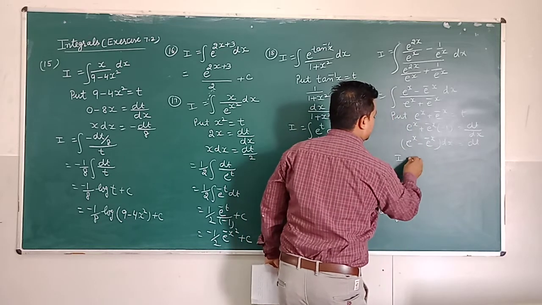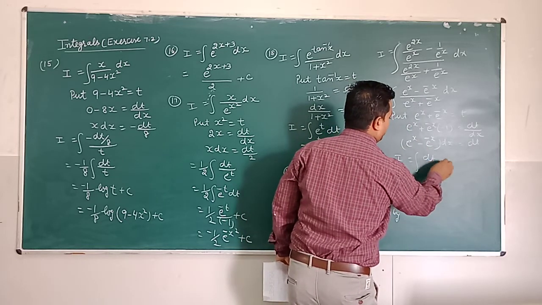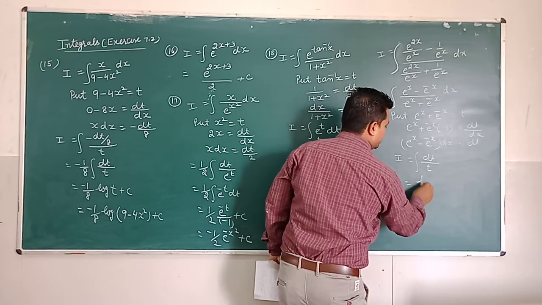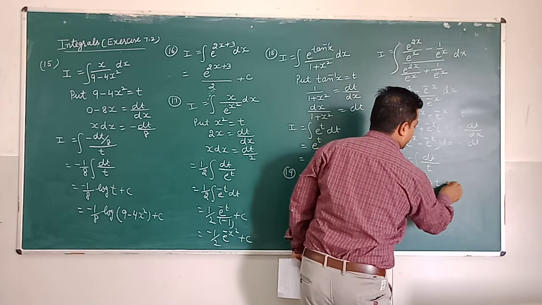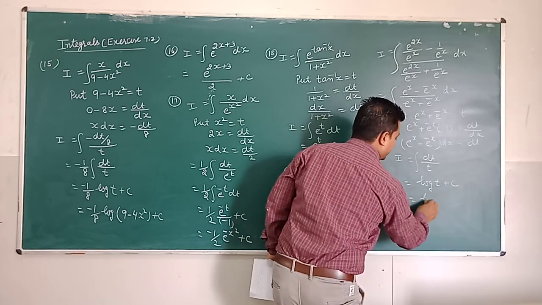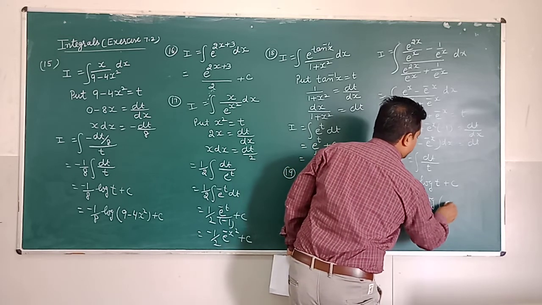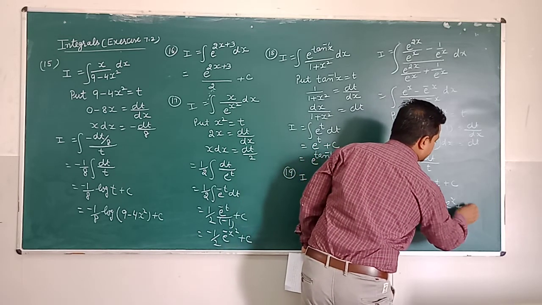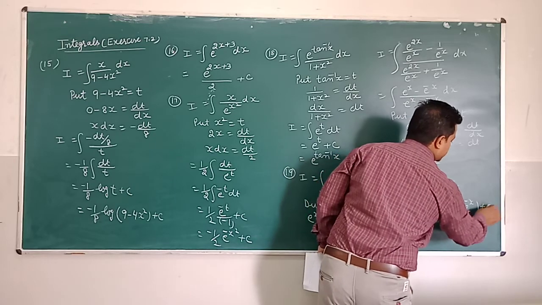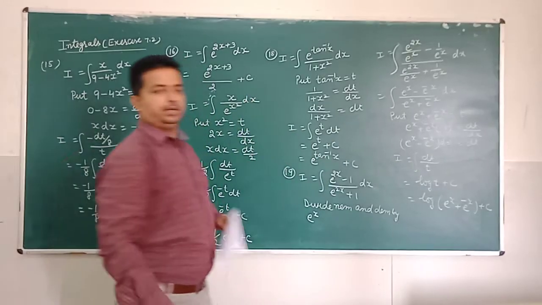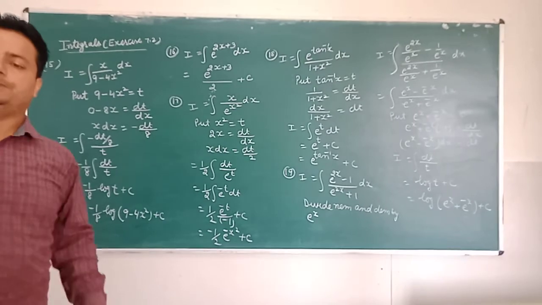So this is equal to dt upon t. As we know, integration of 1 upon t is log t. So its integral is log of e power x plus e power minus x plus c. This is the integral of this question.